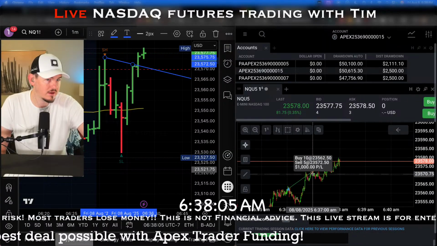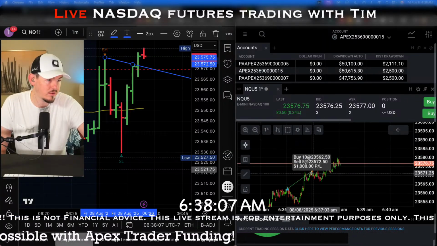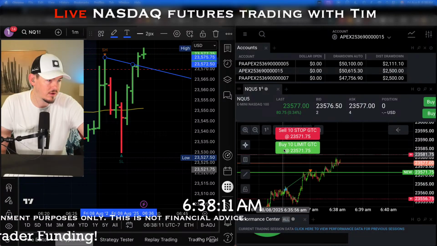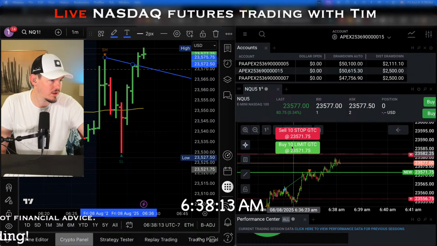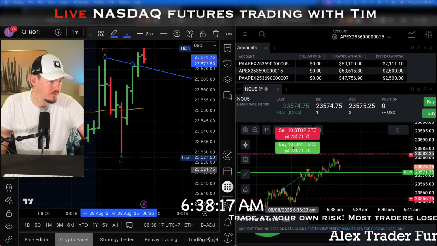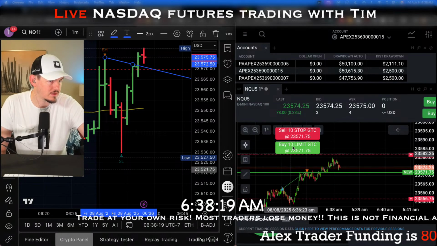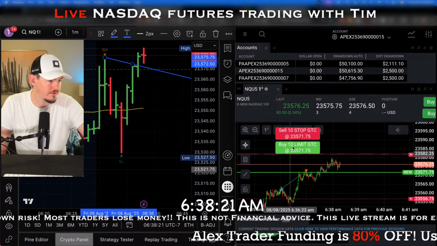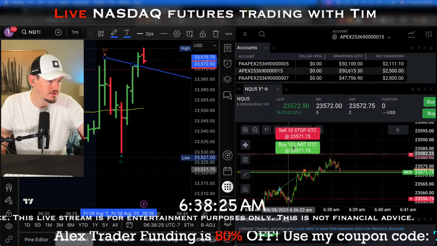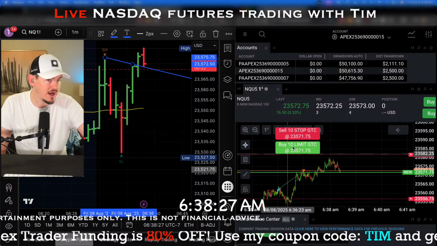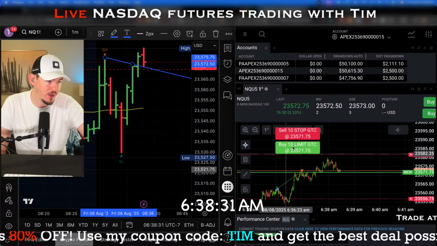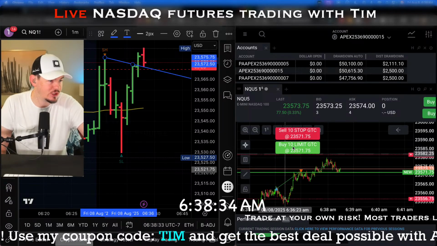Let's see if I got in right here where actually I got out. If I got in where I got out. Nope, still wouldn't be. It would be torture. That'd be a pullback. It just wouldn't have been as smooth of a trade. We want a smooth trade.